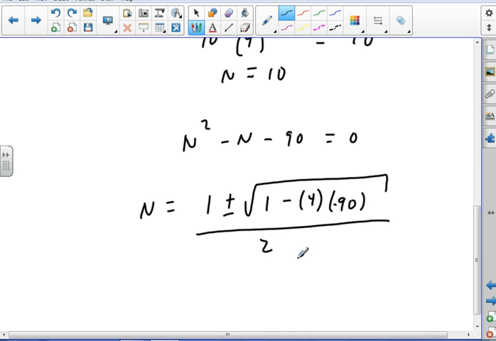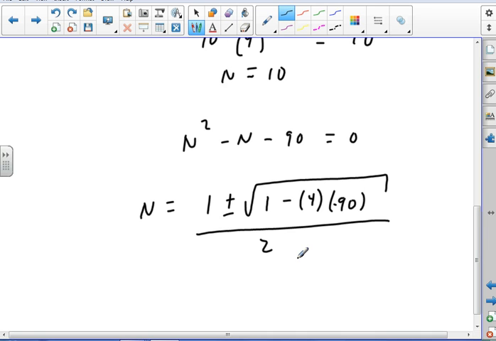And then 4 times 90 plus 1 equals 361. The square root of the answer is 19.